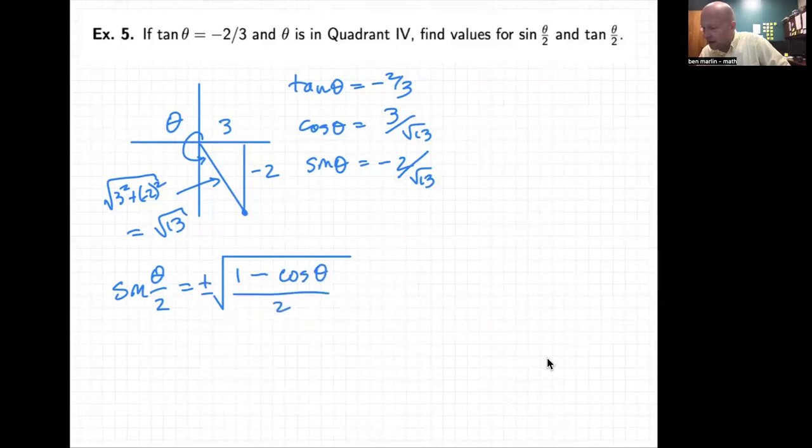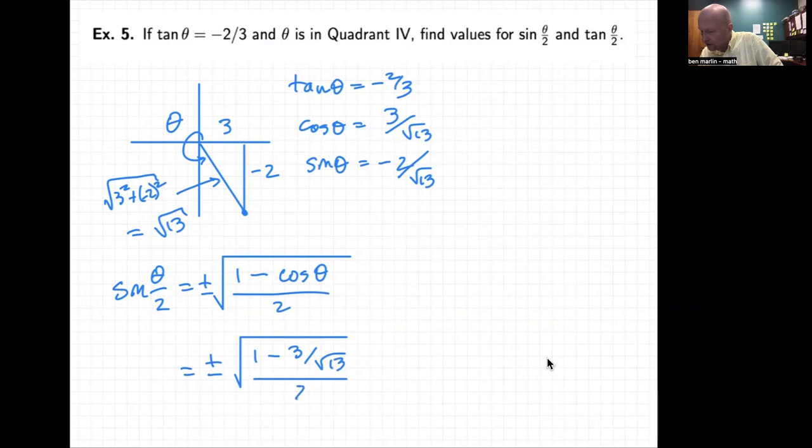I forgot my plus or minus as well. So we're going to come along here and say, do the plus or minus and have a square root of 1 minus 3 over the square root of 13 all over 2.